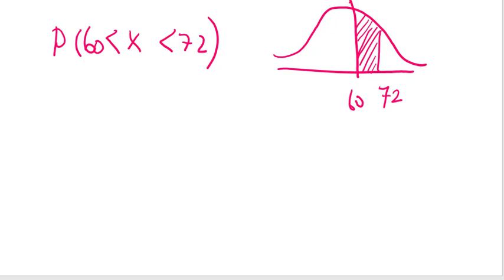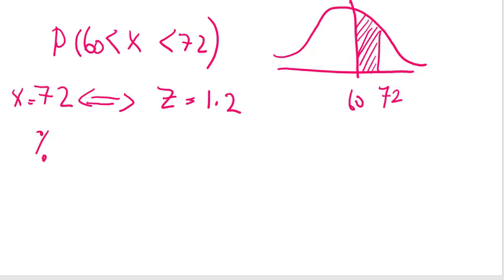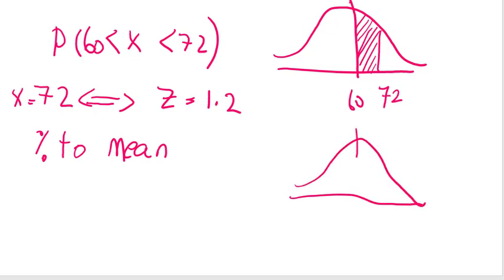When we did the 72, we said that X equals 72 was the same as Z equals 1.2. All right. So one way is in the Aron and Aron table, we look at percent to mean, because 60 is the mean. Really we are looking at the probability from 0 to 1.2.